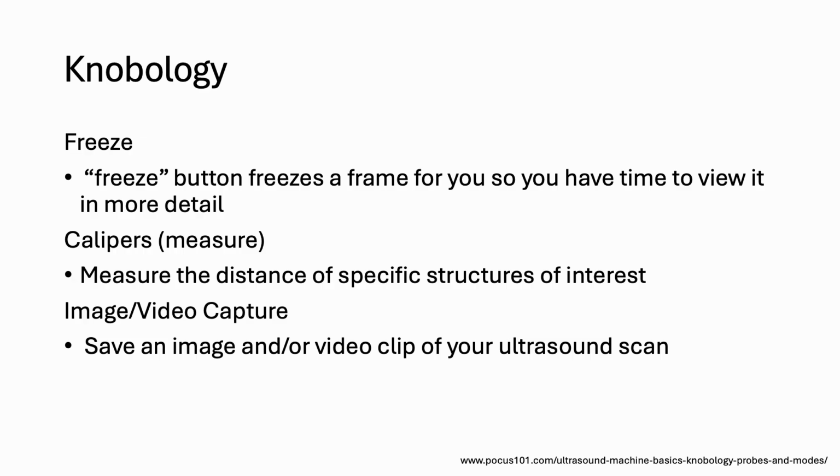And then we can also do an image or a video capture. Sometimes it's termed the cine. And so this can capture an image or a video clip of your ultrasound scan. Often they will do a very short, few second video, but this is helpful when you are wanting to document that you've gone through the entire plane of the uterus.